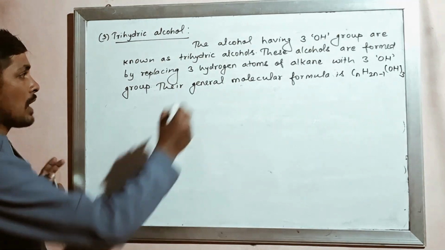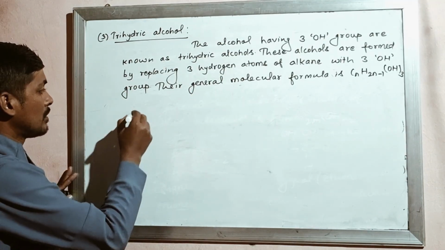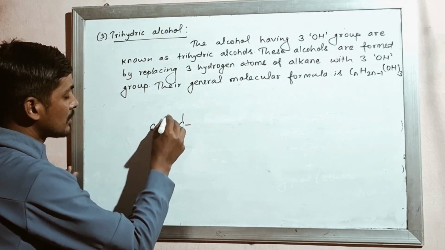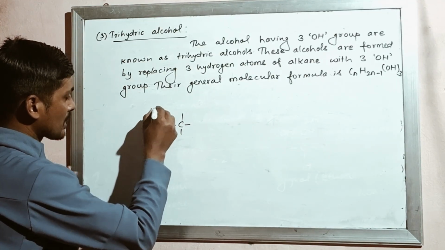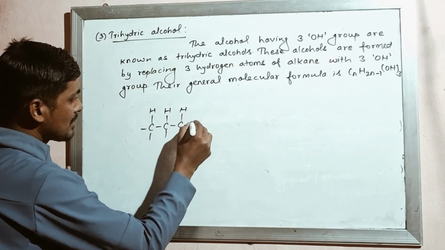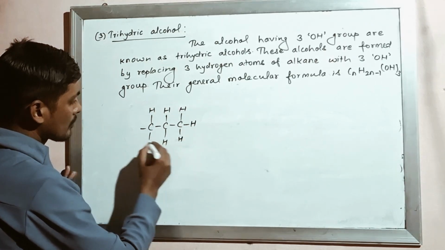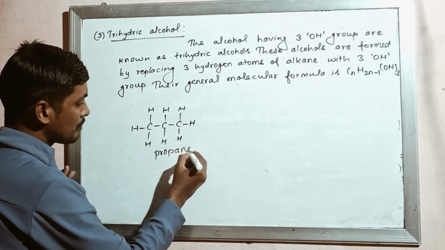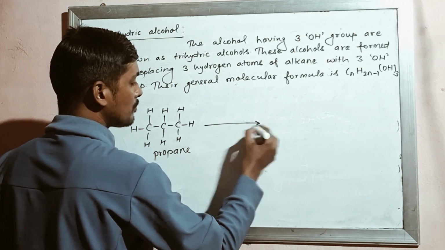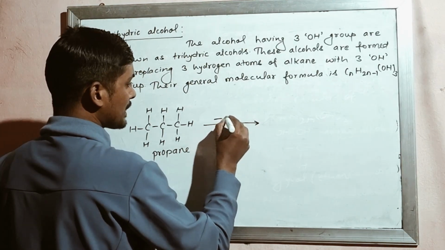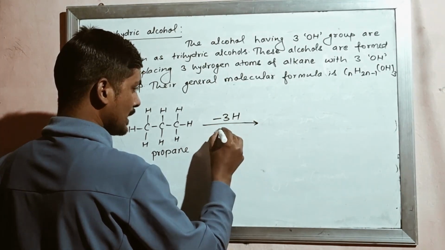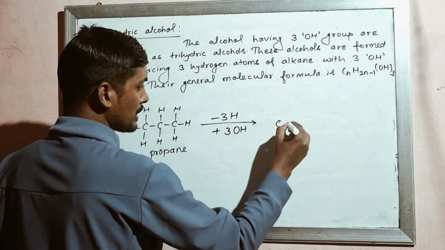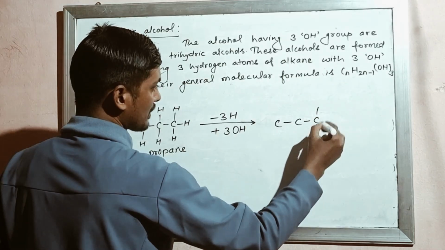Now, let's see how it is formed. Let us take an example of an alkane having three carbon atoms. Here the name of this alkane is propane. This is propane. From propane, if we remove three hydrogen atoms and we add three OH groups, then we get a trihydric alcohol.